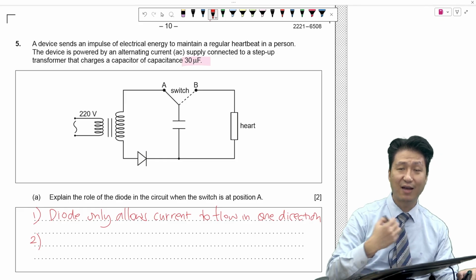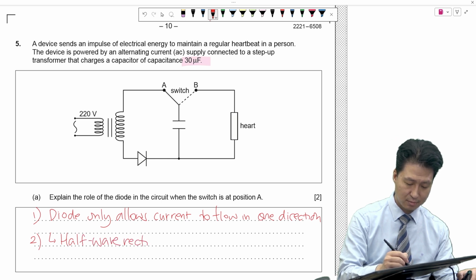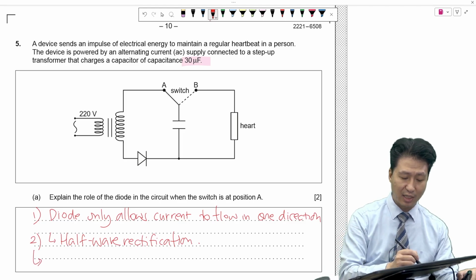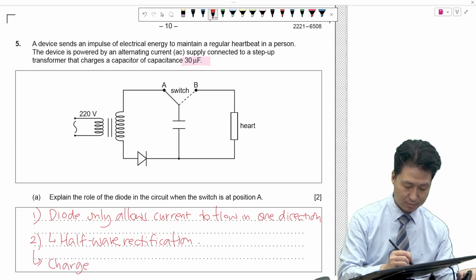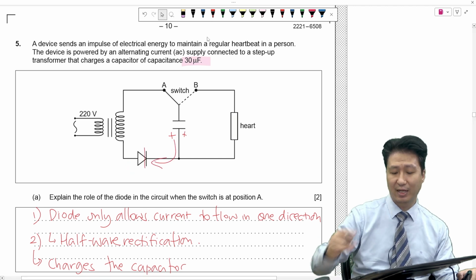We call this half-wave rectification. And of course, this allows it to charge the capacitor without it being discharged, because if the positive charges go in, the diode prevents the charges from flowing back out.